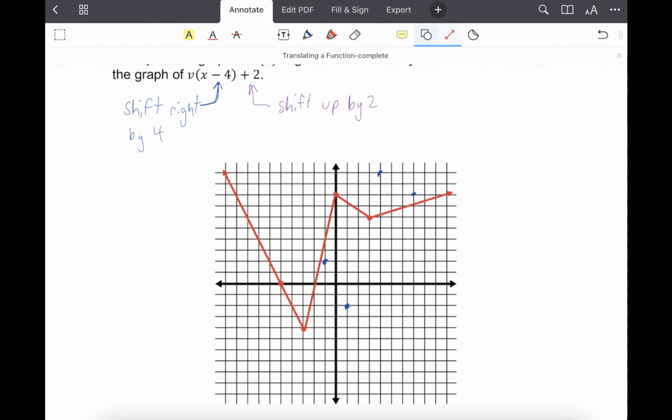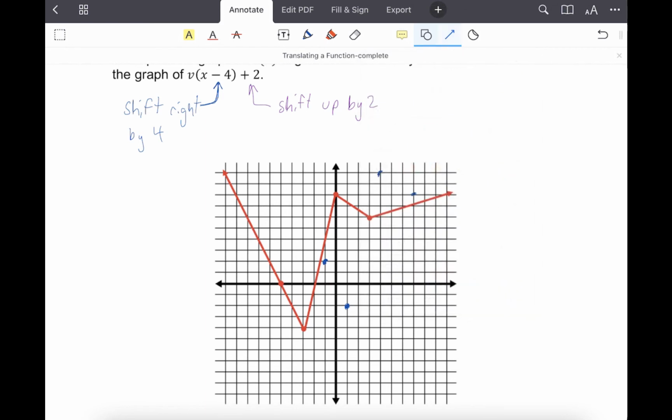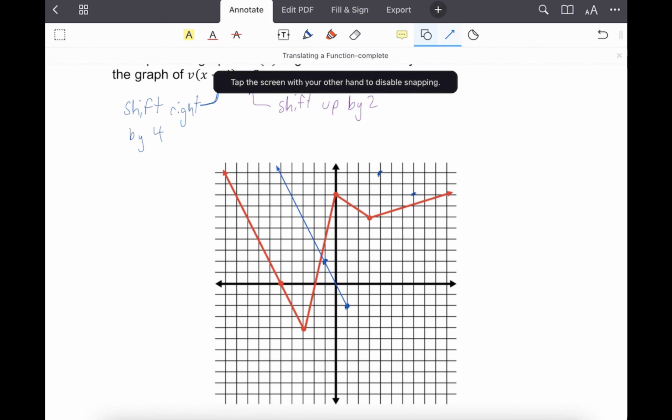So I'm going to take this straight line here and make it blue. Between these points is this straight line.